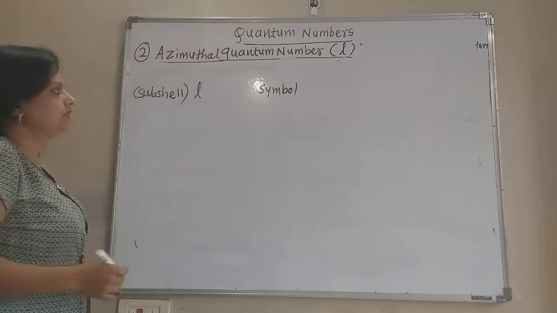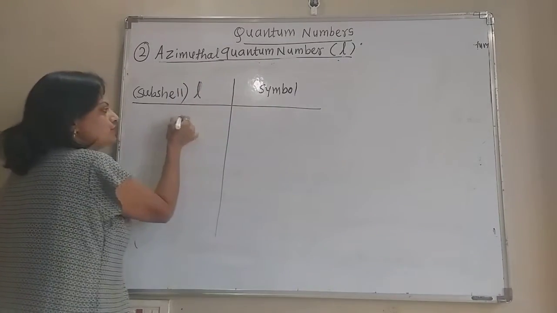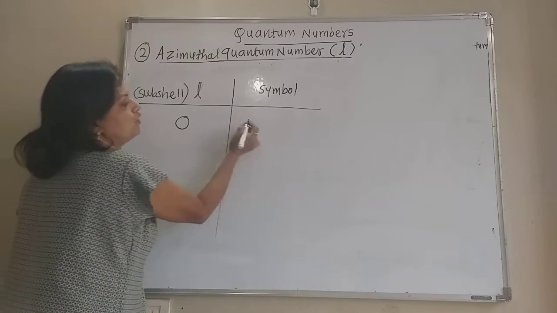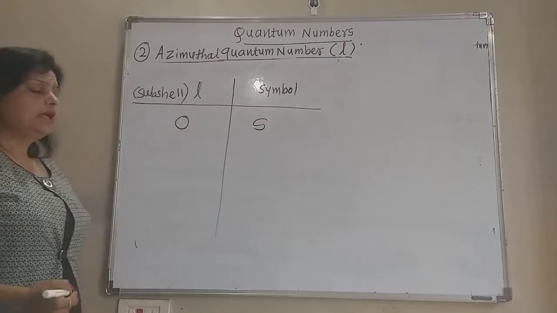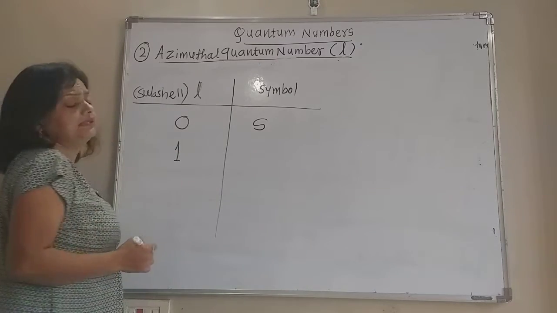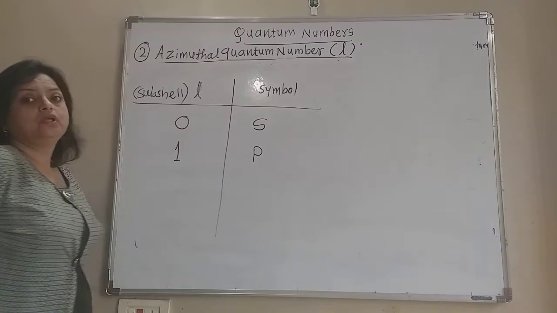Now see, if the subshell l has the value 0, then the symbol for that subshell is s. If the subshell has the value 1, then the symbol is p.